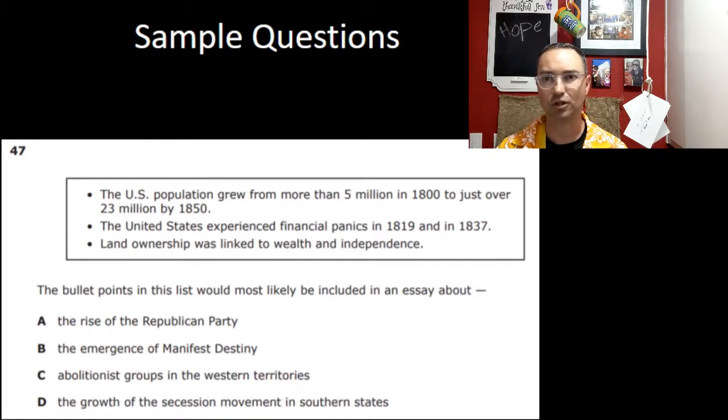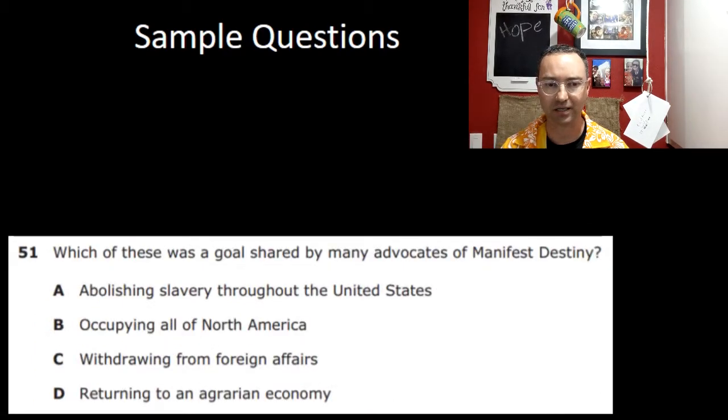There are a lot more people, finances are not looking so great, and land ownership was linked to wealth and independence. In other words, if you owned land, you were considered wealthy and independent. This was a good thing. So all of these things led to what? Pause. Absolutely, the emergence of Manifest Destiny. All of these things are talking about Manifest Destiny.